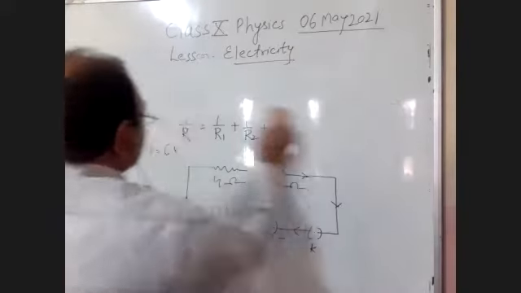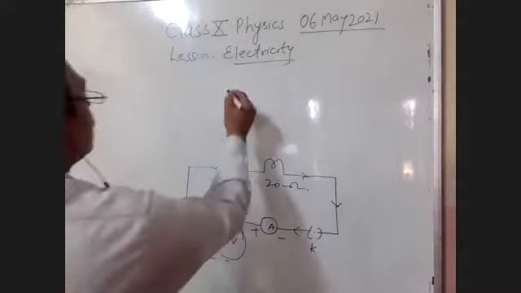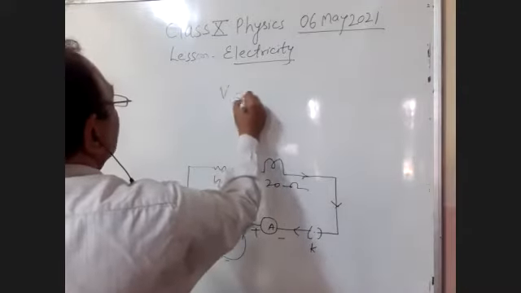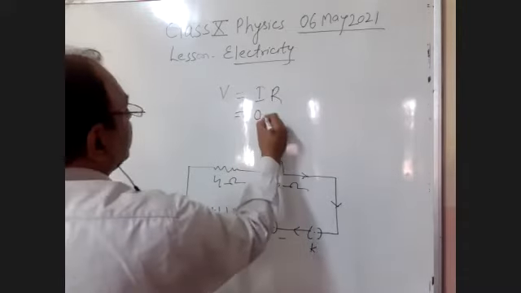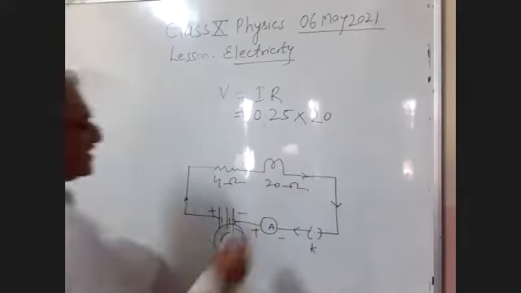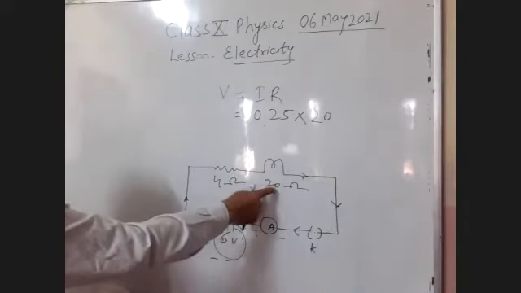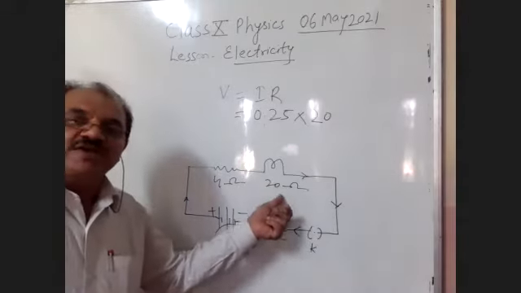So the potential difference across this 20 ohm, again by Ohm's law, V is equal to IR, where I is equal to 0.25 which we have calculated, and the resistance is 20 ohm.